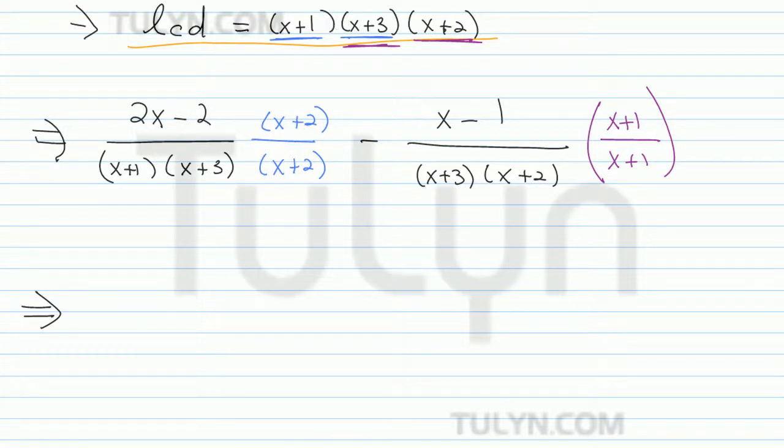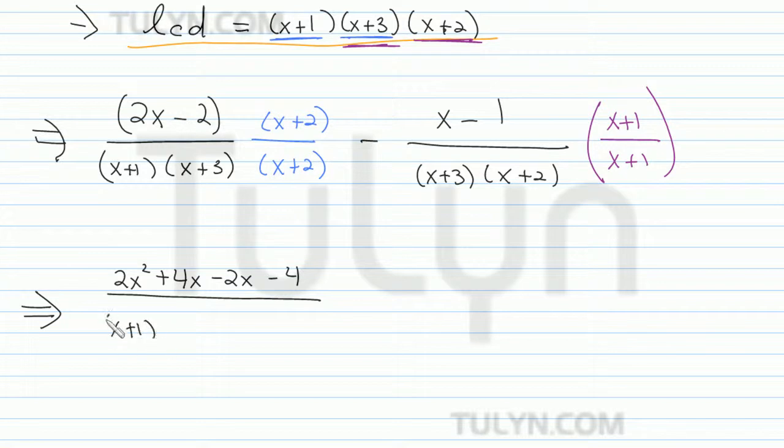Multiplying 2x minus 2 times x plus 2, in the top we get 2x squared plus 4x minus 2x minus 4, right? And the denominator is x plus 1, x plus 3, x plus 2. In the second one, for the numerator, you notice this is x minus 1 times x plus 1, which is a difference of squares, right?